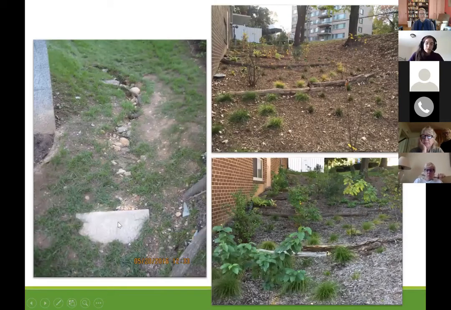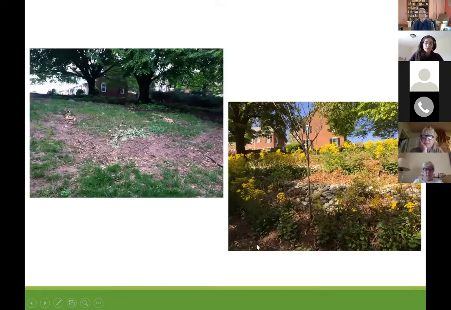So this is an example of a hill slope that was sort of informally terraced using, I think, just fallen logs in the area, and extensive amounts of mulch, removing the turf, and putting in some native grasses and other shrubs that are growing in here.